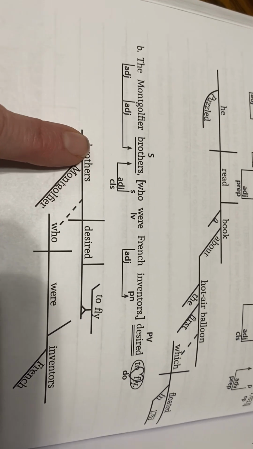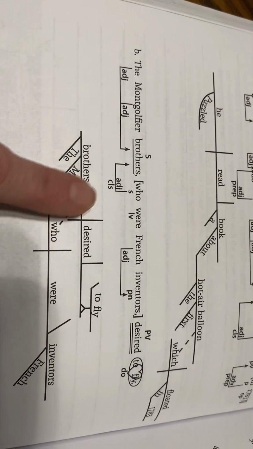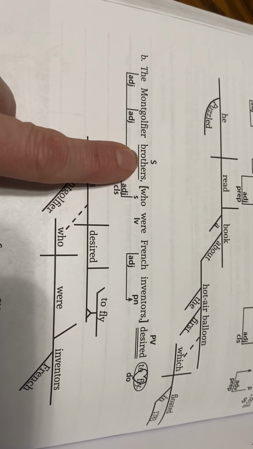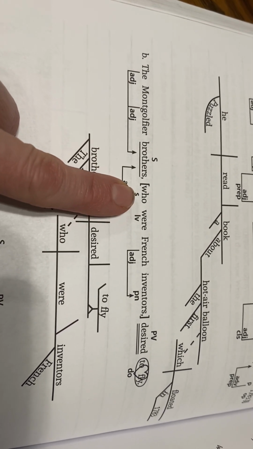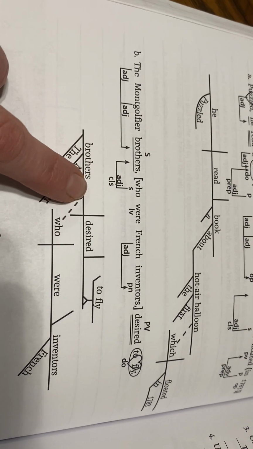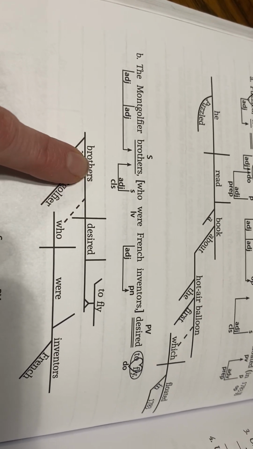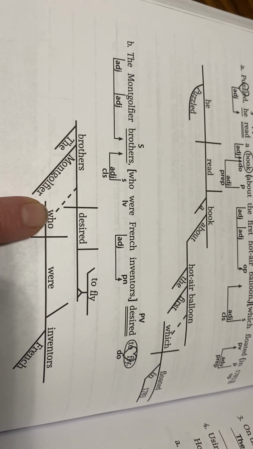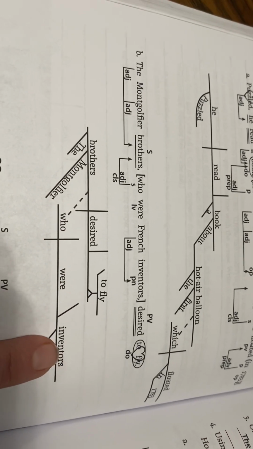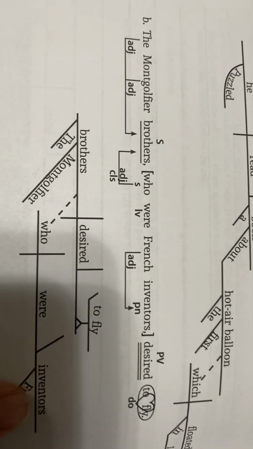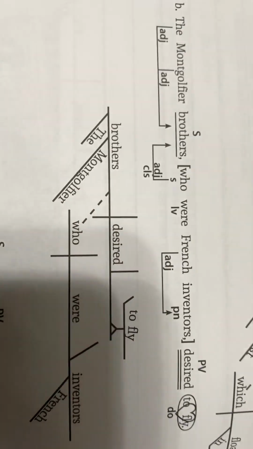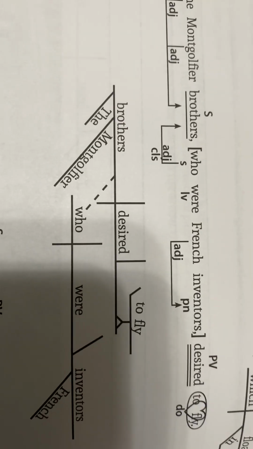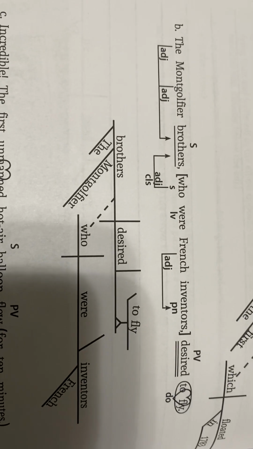So you're going to connect the subject with the subject. Remember, brothers is our subject, and who is the subject of our clause. And that is why it's linking, it's connecting the subject to the subject. And the subordinate clause was SVLPN, okay? So your second sentence should look like that. Pause it if you need to make any corrections.